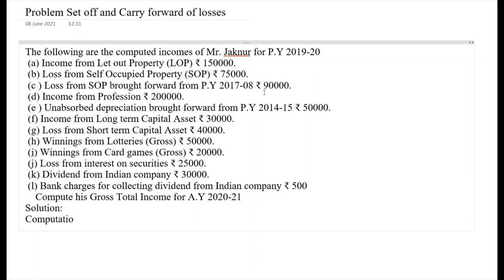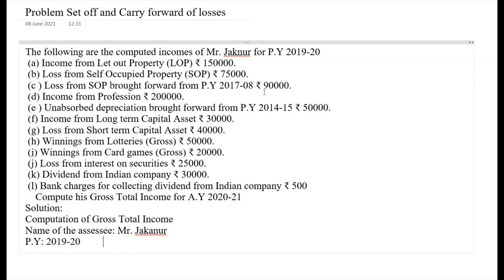So computation of gross total income, name of the assessee Mr. Jaganur, previous year 2019-20, assessment year 2020-21.